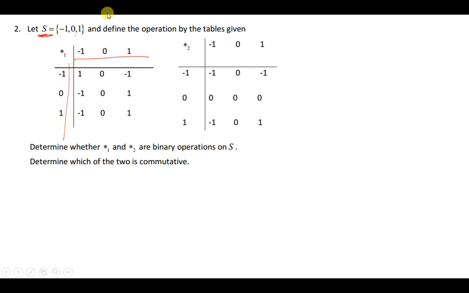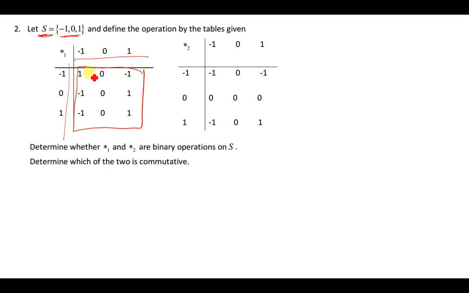Now after working on these elements, the possible outcomes are simply these here. If we have any outcome that is not in the set, we can say star 1 is not a binary operation.